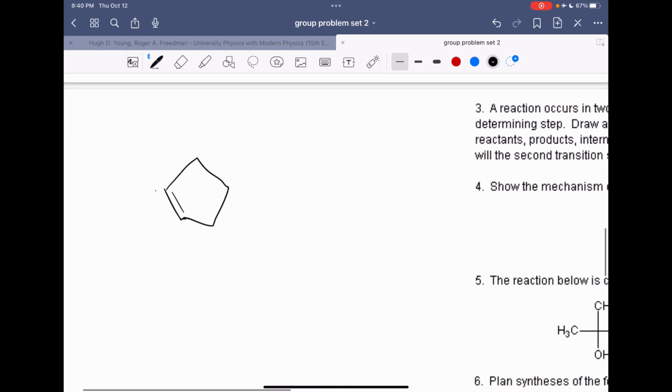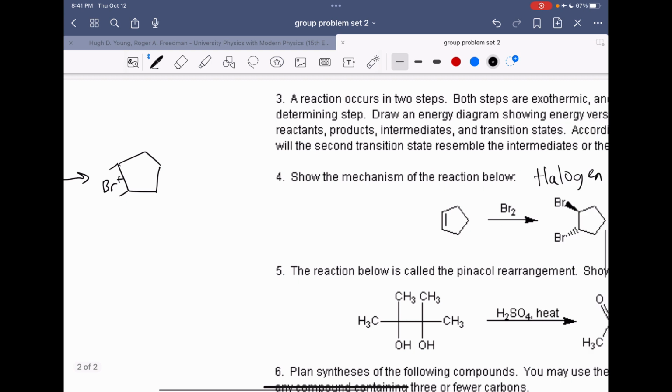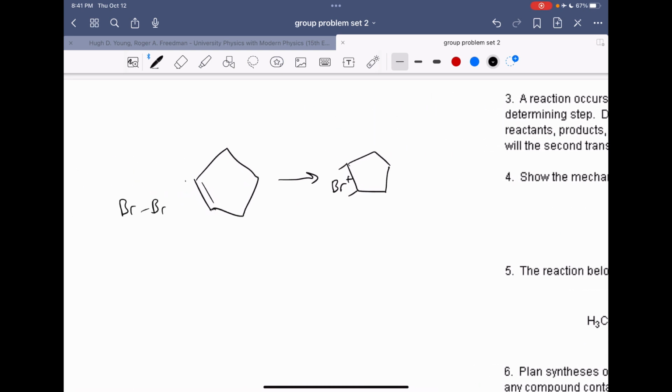And our next step is going to look something like this, Br plus. That basically happens because when this bromine gas comes close to this, we know that these double bonds aren't the most stable, so they will react with things that are also reactive.